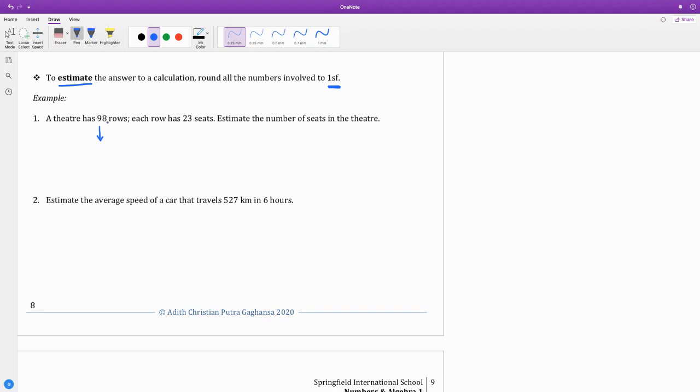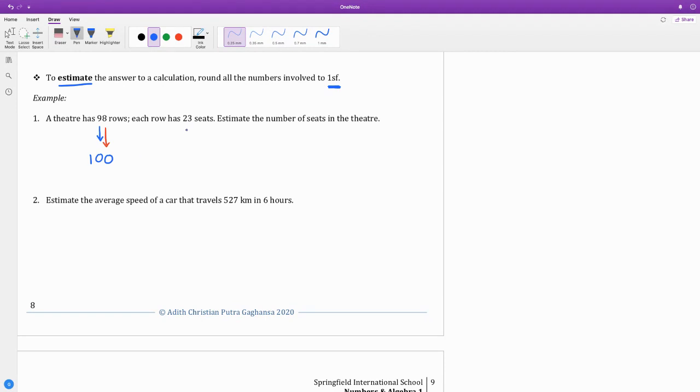Since the next number is 8, we need to add 1 to the 9. It becomes 0 and then 1. It's 98, it doesn't become 10. 100 it is. That's for the first one.